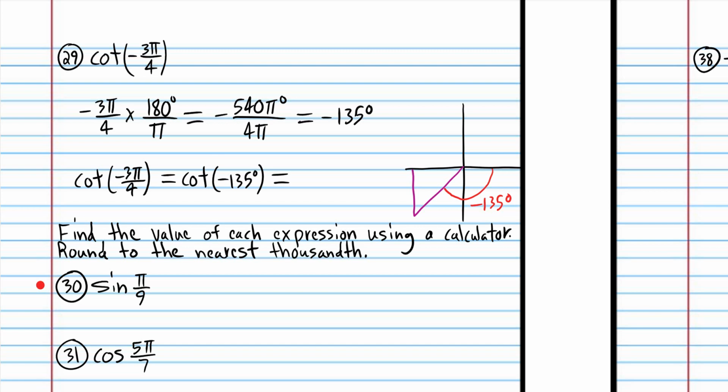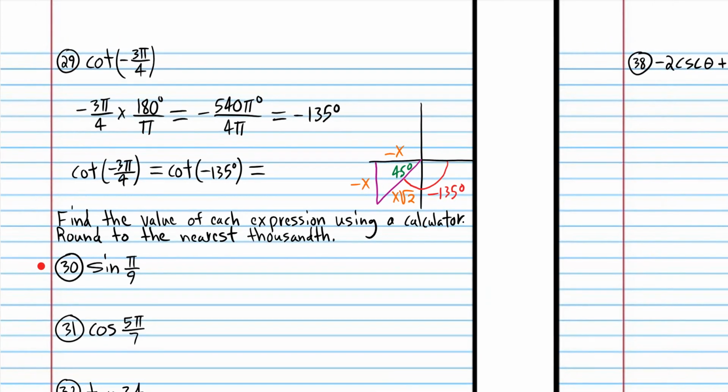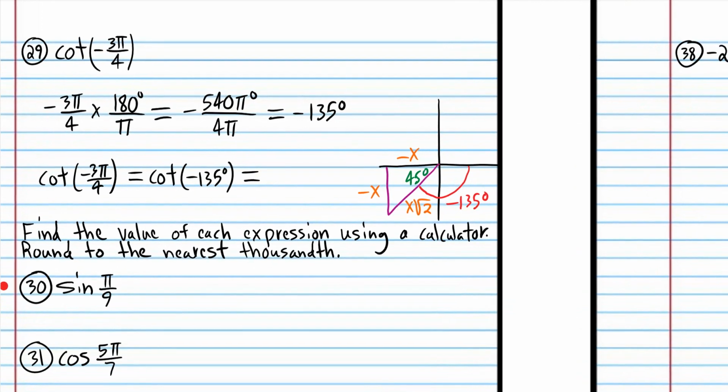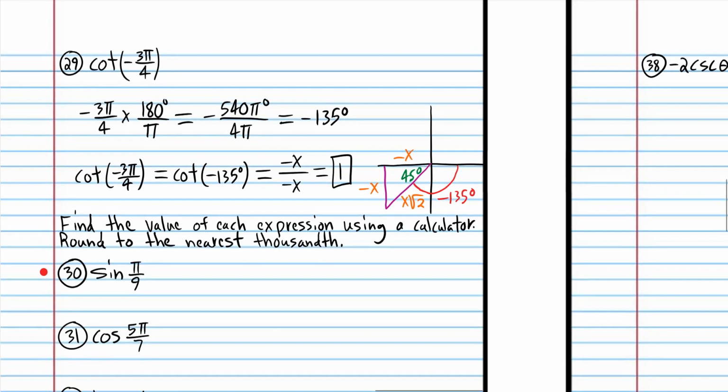And subtract 135 from 180, and that gives us the reference angle, 45 degrees. So this side is negative x, this side is negative x, and this side is x root 2. How do I know that? Well, it's a 45, 45, 90 triangle. And cotangent is the side adjacent the 45 degree reference angle divided by the side opposite the 45-degree reference angle, so that's going to be 1.